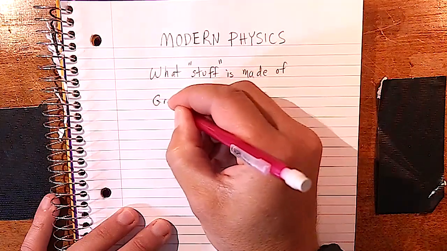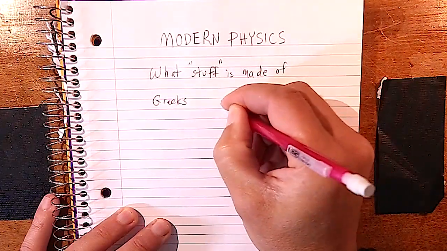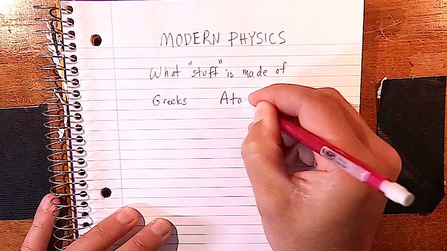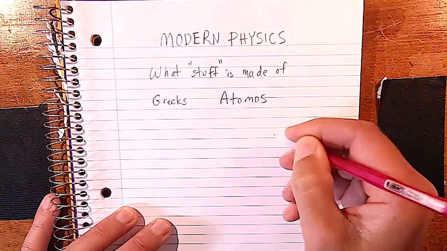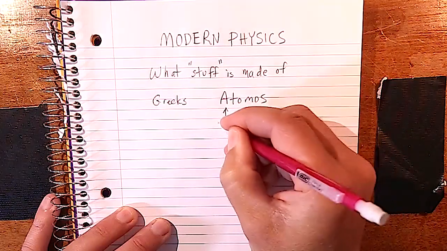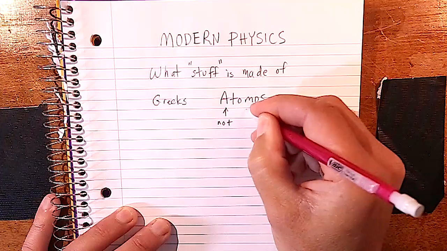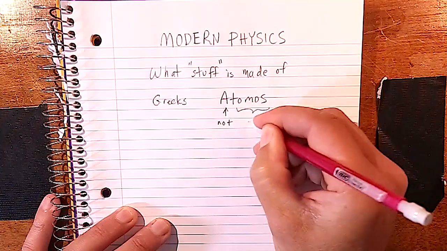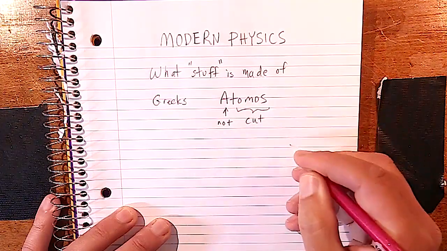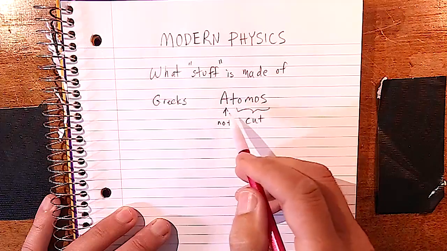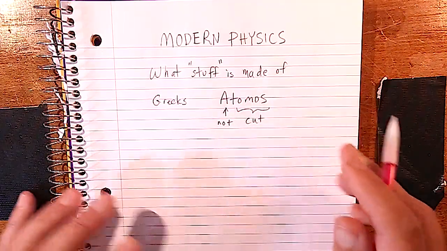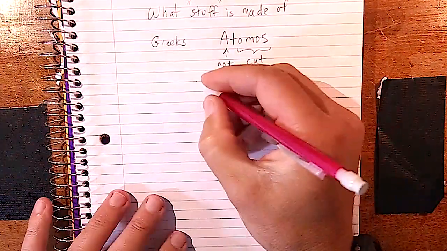So the Greeks had this word, and the word is atomos. And atomos, in Greek, a is "not," and tomos is "cut." So the Greek idea of atomos is that something can't be cut. It's indivisible.